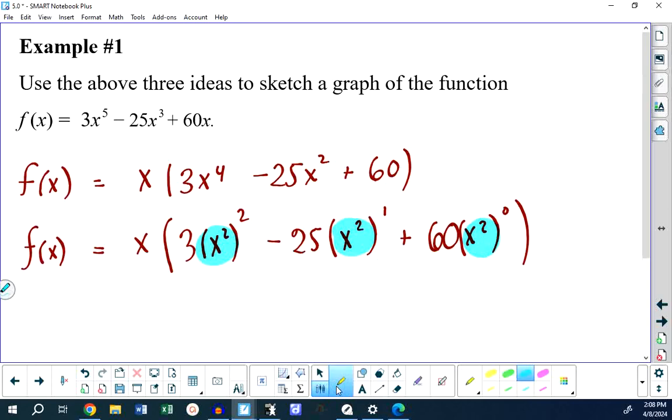What makes this quadratic in a weird kind of way is that the exponent on the variable in the first term is 2. The exponent on x squared is 2, then it's 1, then it's 0.